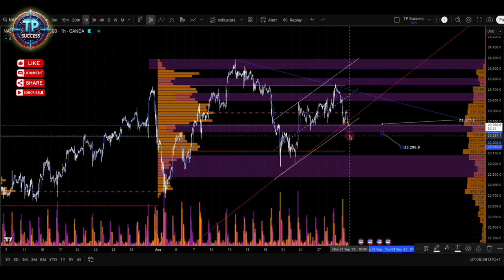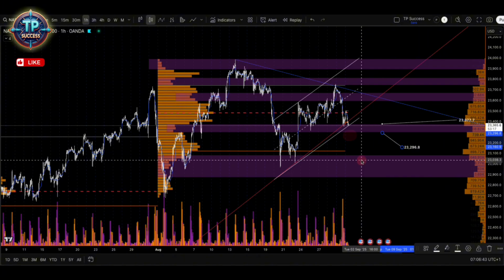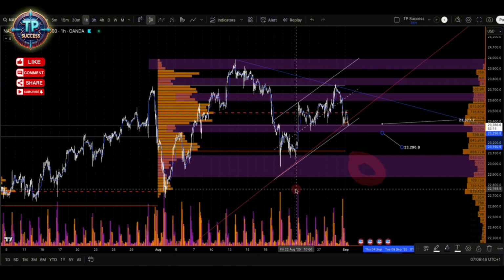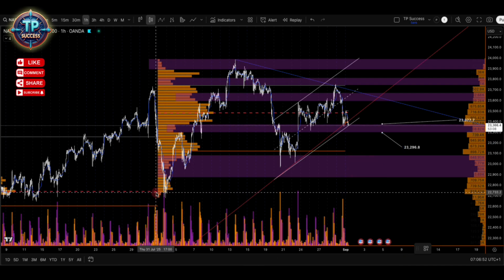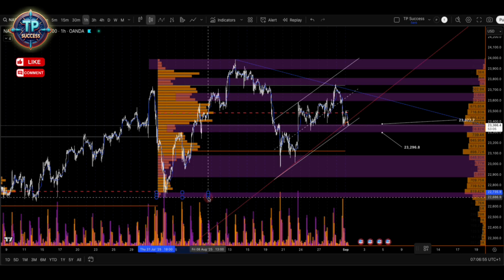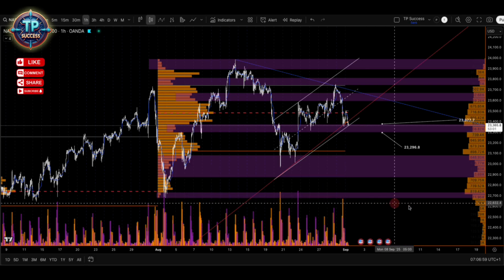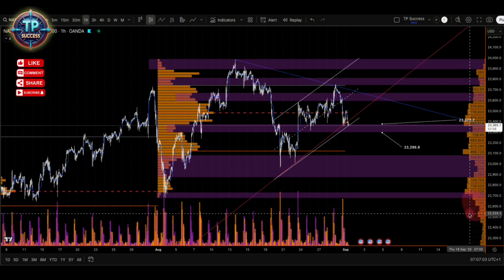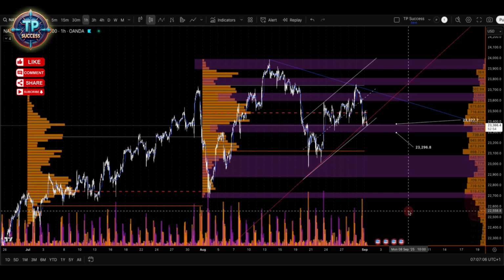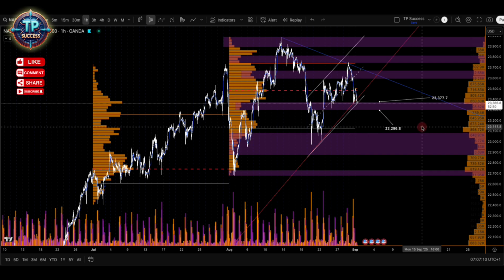If this level is taken out, it is fair to assume that price may be coming down here, or as a bare minimum coming down to this area right here, which is going to be the low value area of the month, which lines up with low volume nodes in this area also. It's a little bit bigger, but this is what we could expect from market in the coming days.